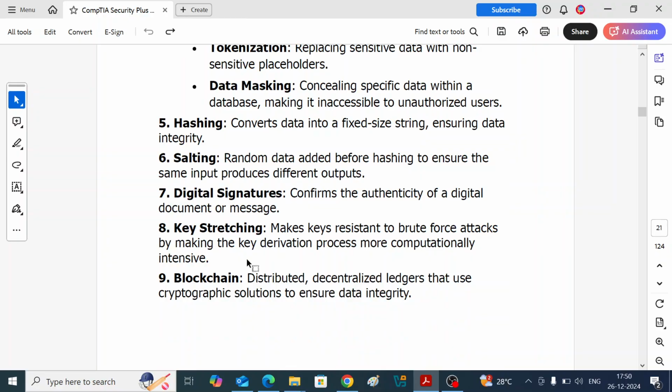Let's talk about salting. What's salting? It's a nice concept. If you want to complicate your key, salting is the answer. Salting is random data added before hashing to ensure the same input produces a different output. As I told you, in hashing the same text always produces the same hashing key.